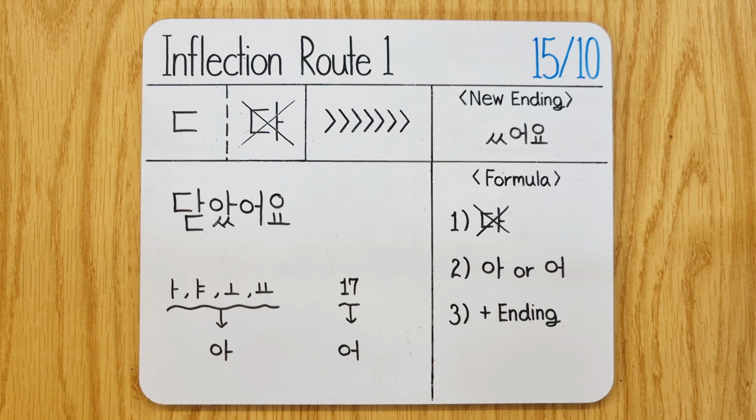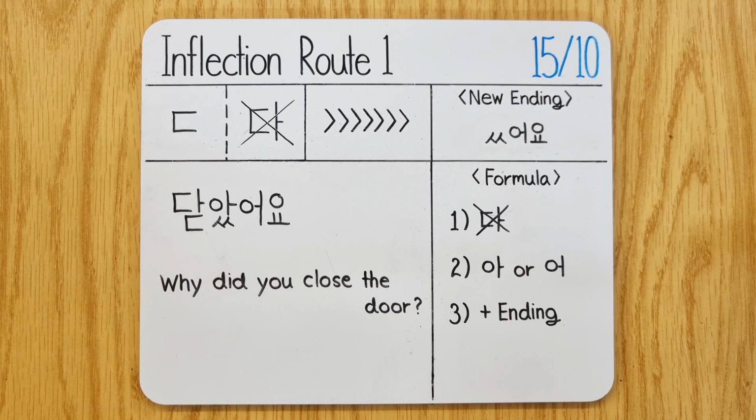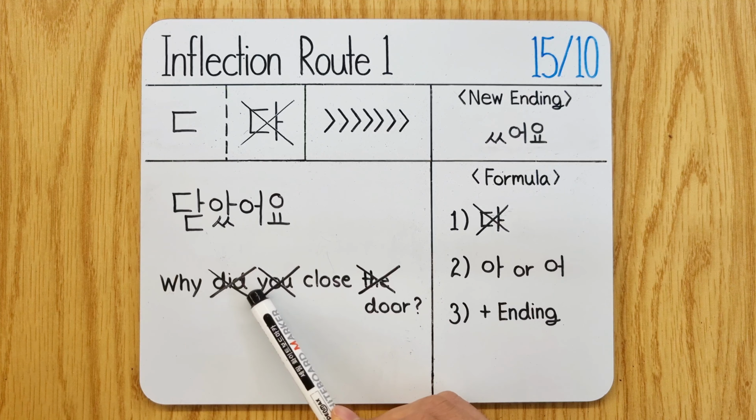Therefore, we can use it, for example, when we say something like, why did you close the door? I will omit grammatical components that are not used in Korean or too obvious according to the context. Placing did in front of a question sentence that already has a verb as an auxiliary verb is not something that you would do in Korean, so I will omit it. But if I do omit it, now there is a fundamental issue.